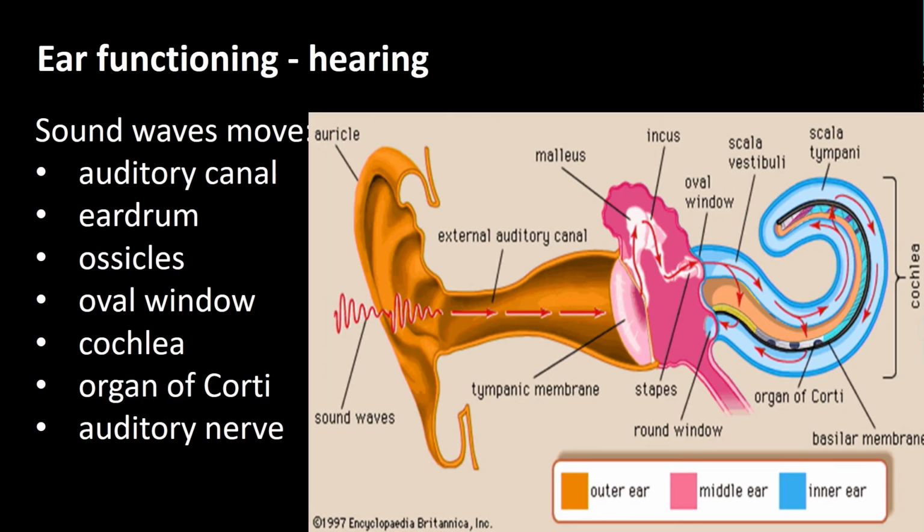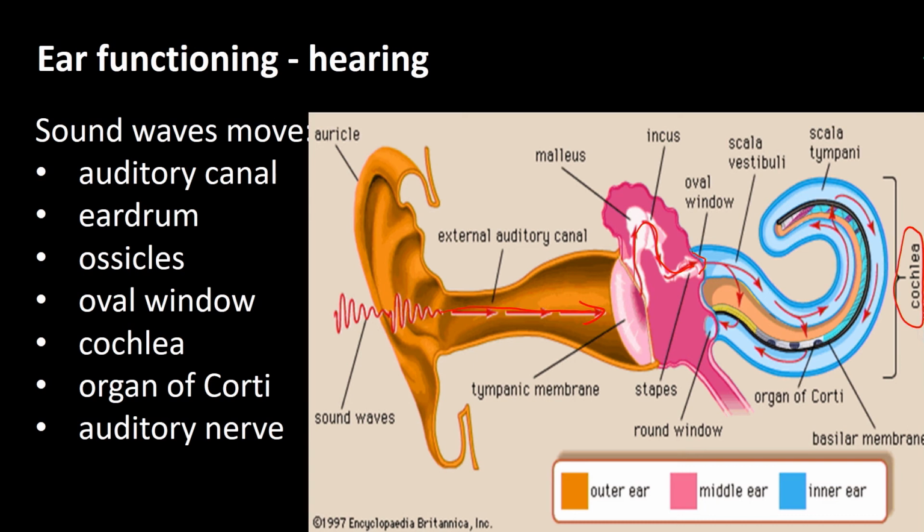So, if we have a look at this diagram, it shows us sound waves coming in, eardrum or tympanic membrane vibrating, hammer, anvil, and stirrup vibrating, the stirrup vibrating and passing the vibrations through the oval window into the liquid in the cochlea, because the cochlea is the part of the inner ear that actually does our hearing for us.